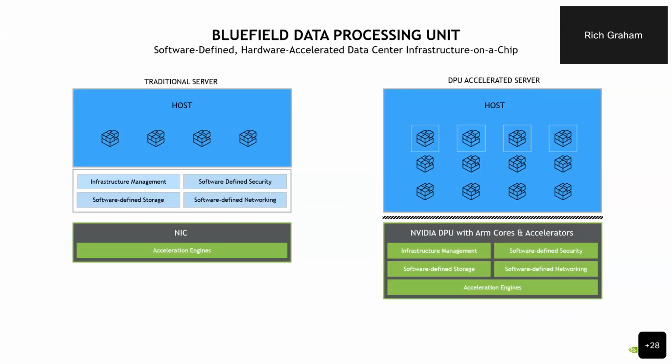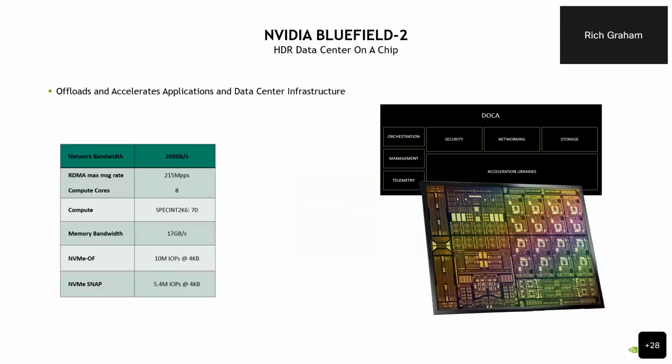So actually, before I switch slides, just at a high level, I think this is the only slide I have talking about this. There is a software stack associated with using this device. It's called DOCA, the data center on a chip architecture. It provides a variety of interfaces to the network capabilities, whether they're security focused, network focused, storage focused, and acceleration libraries underneath them.